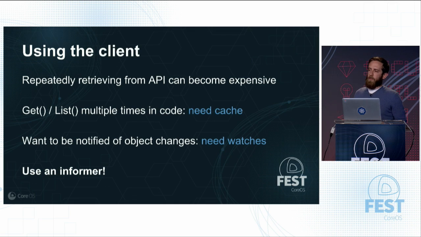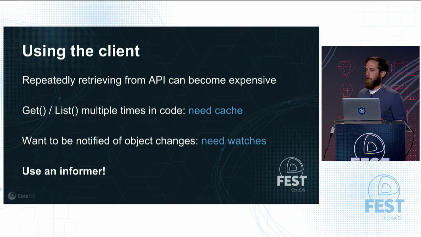From that example, though, one thing I want to call out is that repeatedly retrieving things from the API, doing gets or lists multiple times across your code, can become pretty expensive. So instead, we should probably implement a local cache, where we retrieve this information and store it locally so we're not constantly making round trips to the API.